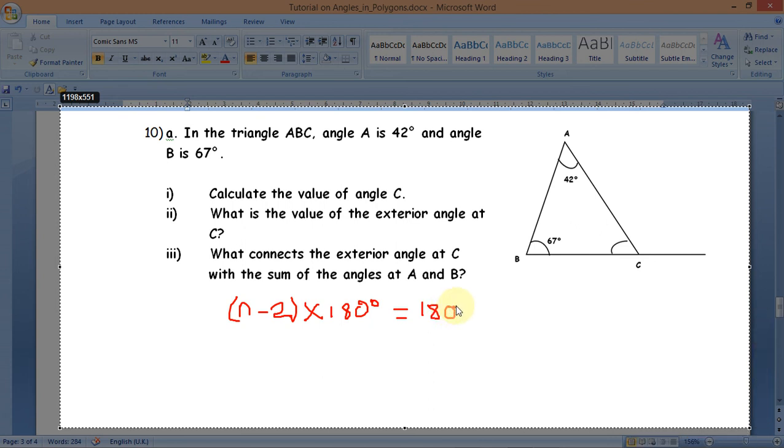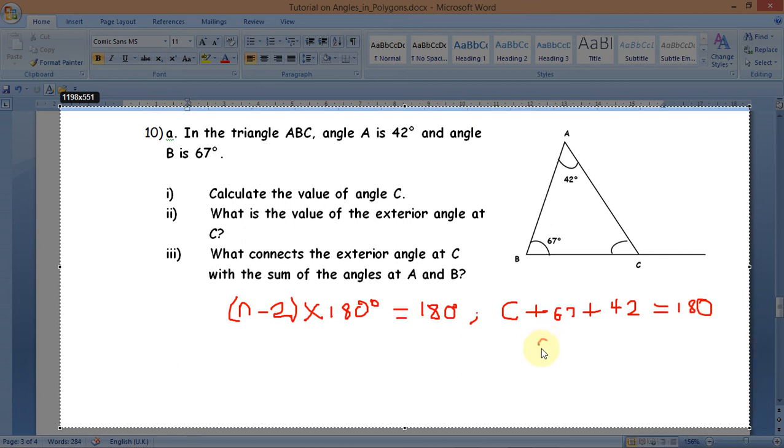Next, let's leave angle C as C. So C plus 67 plus 42 should sum up to 180.